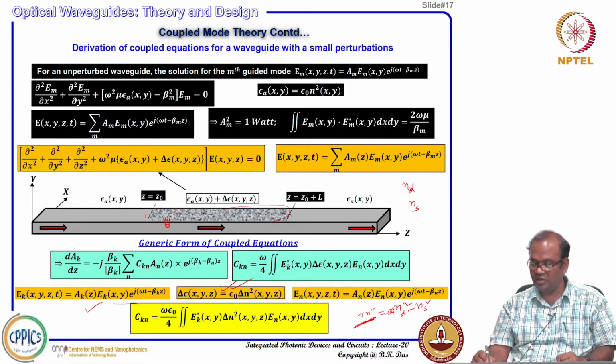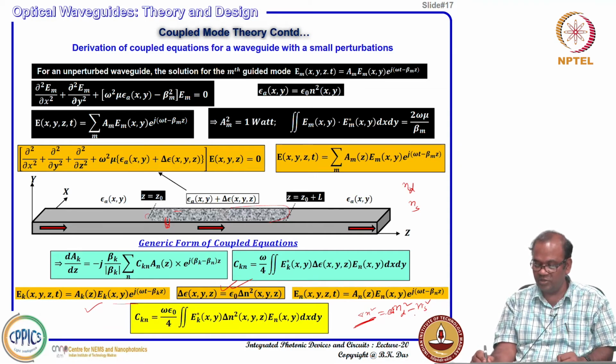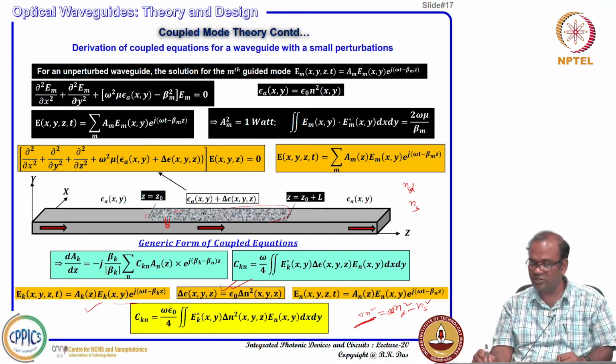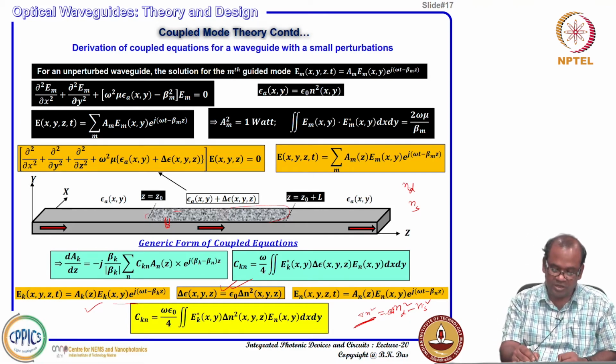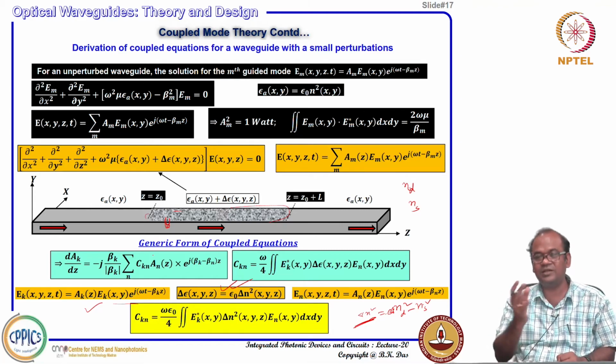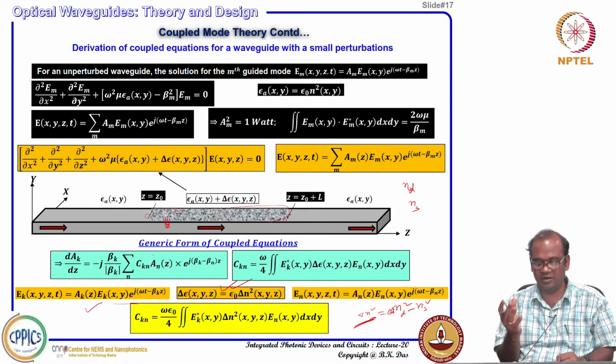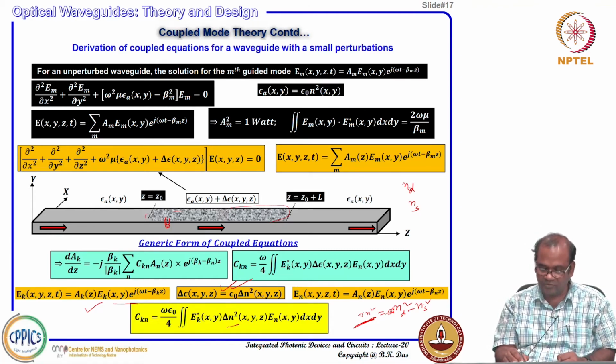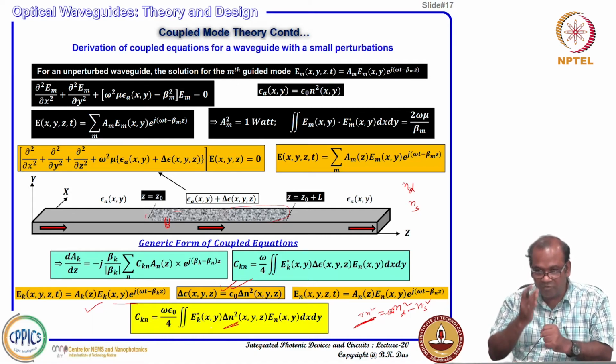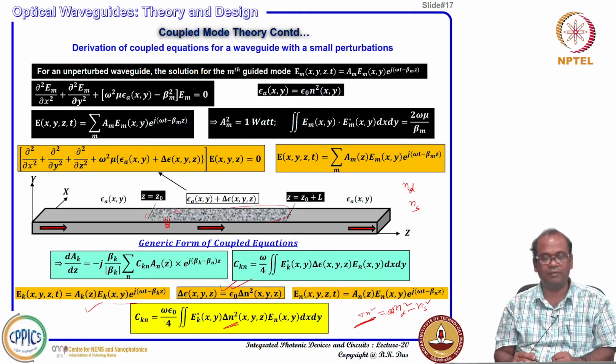That means instead of the device layer silicon, you have changed the dielectric constant, the delta n square change, Nd square minus Ns square. If it is changed by that much, then you have to see how much area that type of defect occupies, that particular area of delta epsilon. So you have to integrate only over that area to find out Ckn.